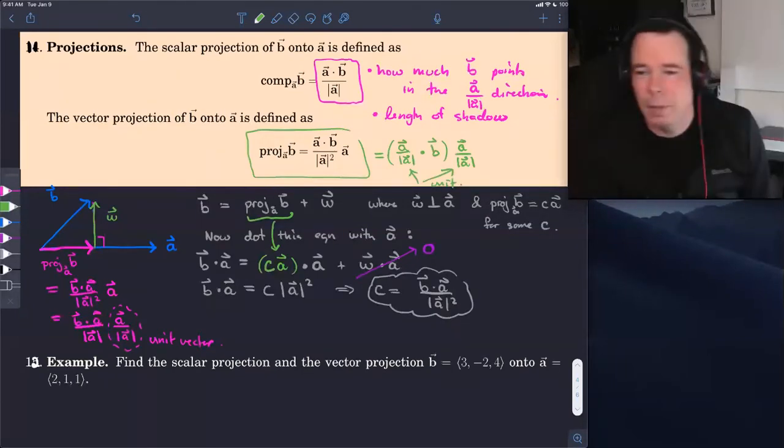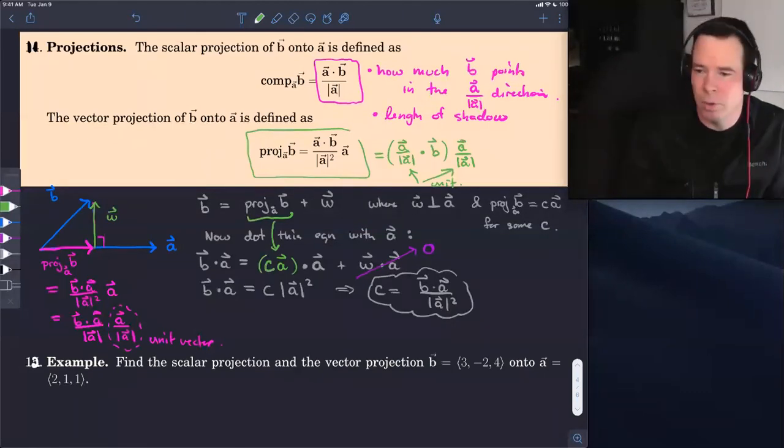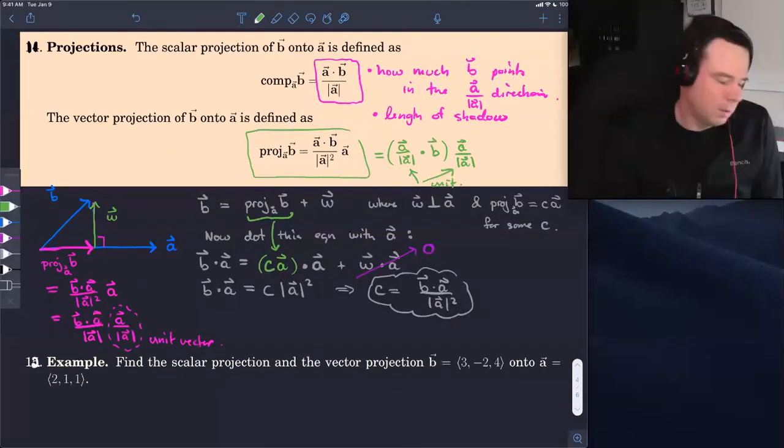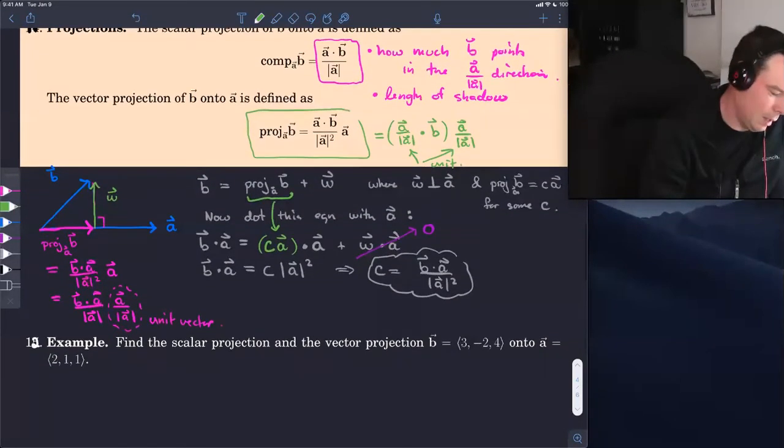So it doesn't matter what the length of A is. That is incidental. It just gets normalized anyway in the formula. That's why we're dividing by the length of A squared, because there's two occurrences of A up top. And so we're going to divide by its length twice in order to account for the fact that the length of A does not factor into this calculation whatsoever. It's just how much does B point in the same direction as A.